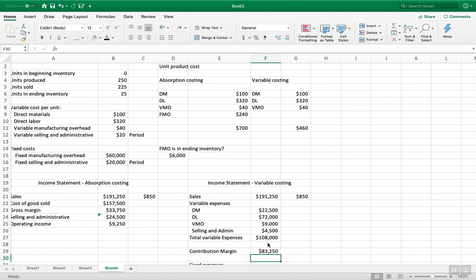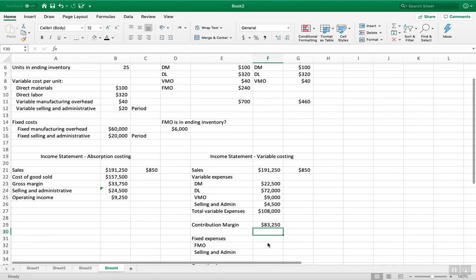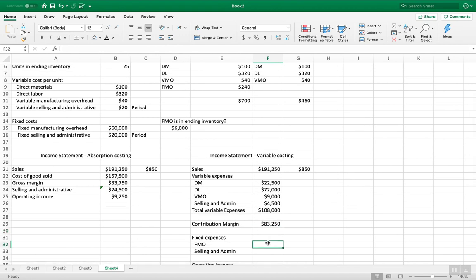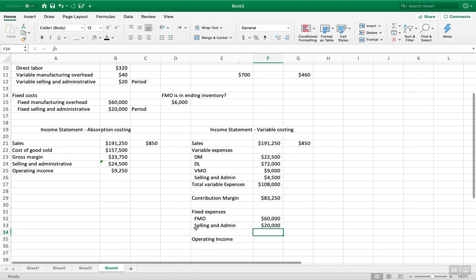Now, hopefully you see at this point why we use this internally, because now we have this set up in a format where we can use our cost volume profit analysis and this contribution margin income statement to make decisions. So our fixed manufacturing overhead is $60,000. Our fixed selling and administrative is $20,000.